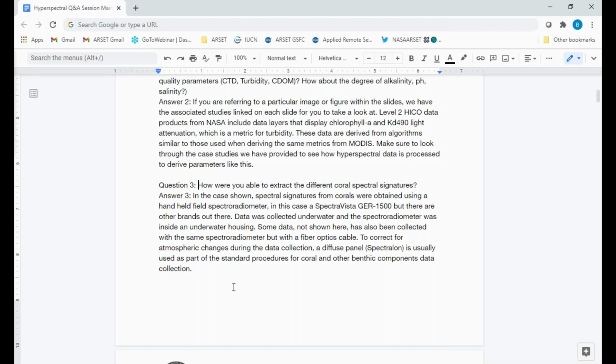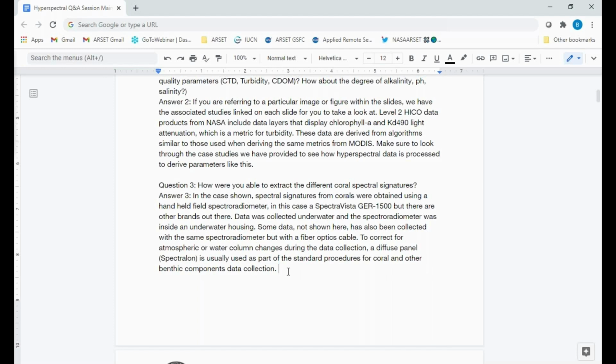And then usually it's kind of a standard procedure for these data collection techniques to have a diffuse panel, a spectral panel, that is used to correct for changes in the atmosphere or water column that may have happened during the data collection. For this particular spectroradiometer, it takes maybe a second or two to do one spectrum collection, so there's not a big difference there.